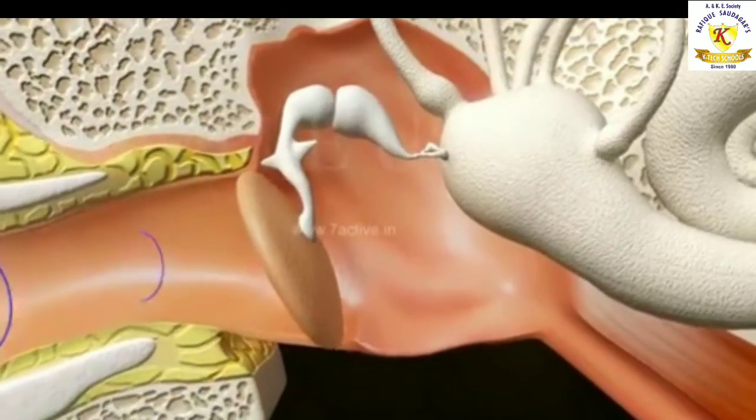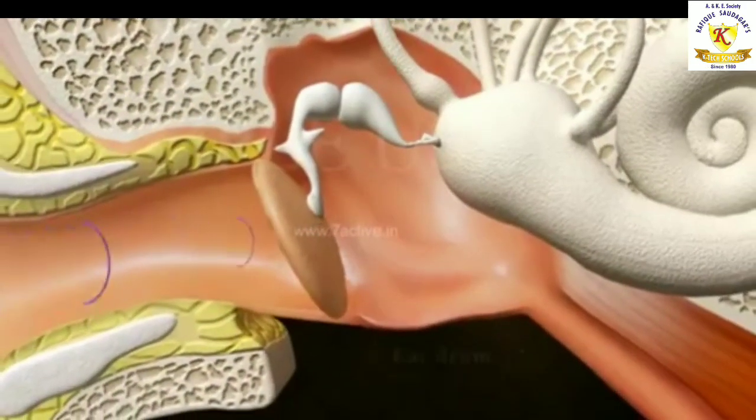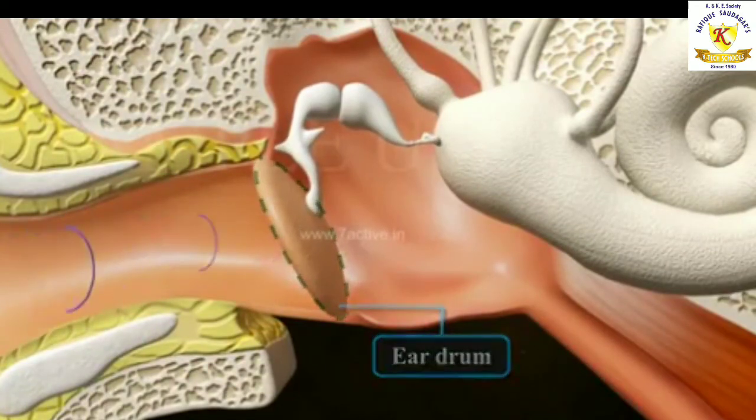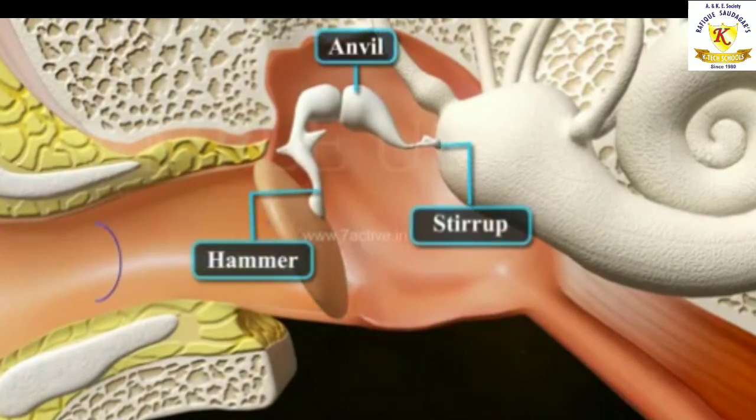The vibrations of the eardrum are amplified many times by these three ear bones. Also, the middle ear transmits amplified and pressure-varied sound waves to the inner ear.